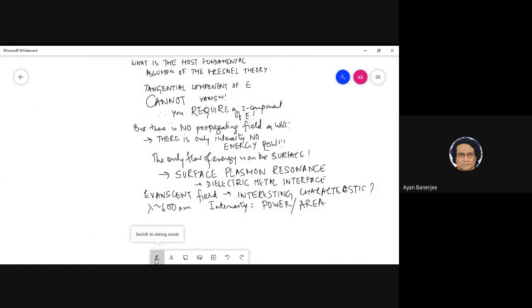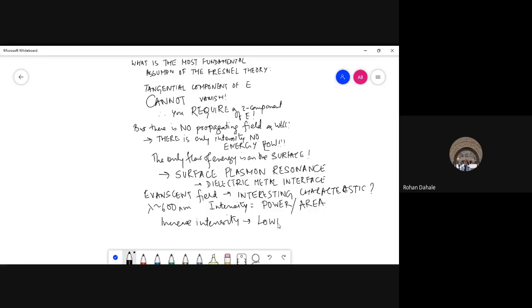Essentially, if you focus a beam through a laser, how do you increase intensity? How do you increase intensity most effectively? Area of the beam.